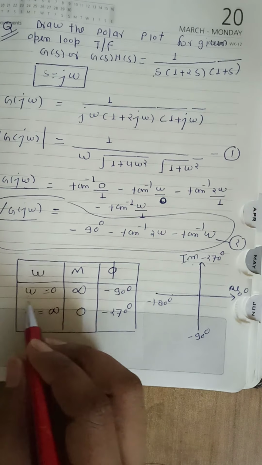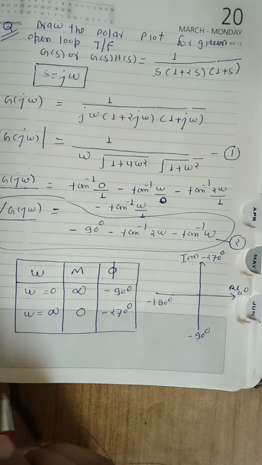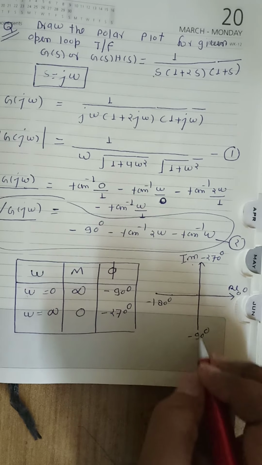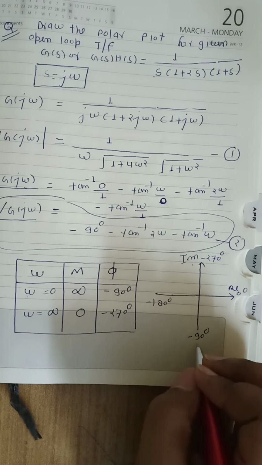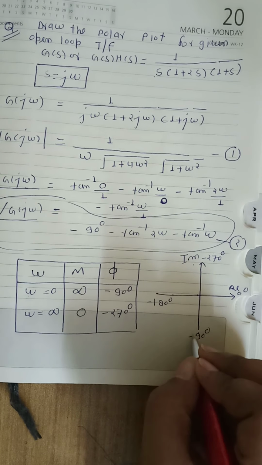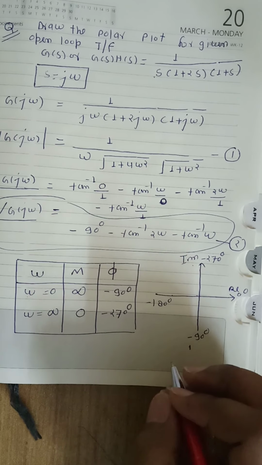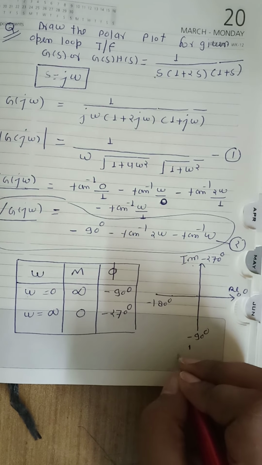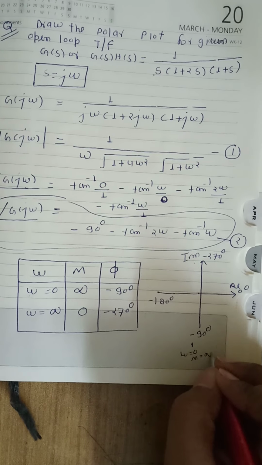So for omega equal to 0, we cannot mark magnitude on the line for which we have angle minus 90 degree. So suppose this will define my starting point. Here we have omega equal to 0 and here we have magnitude infinity.